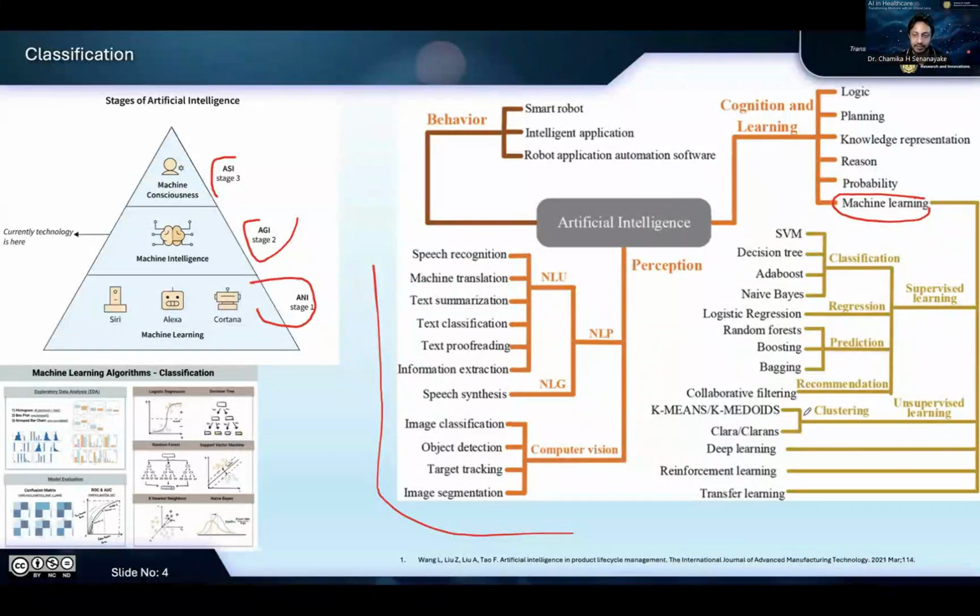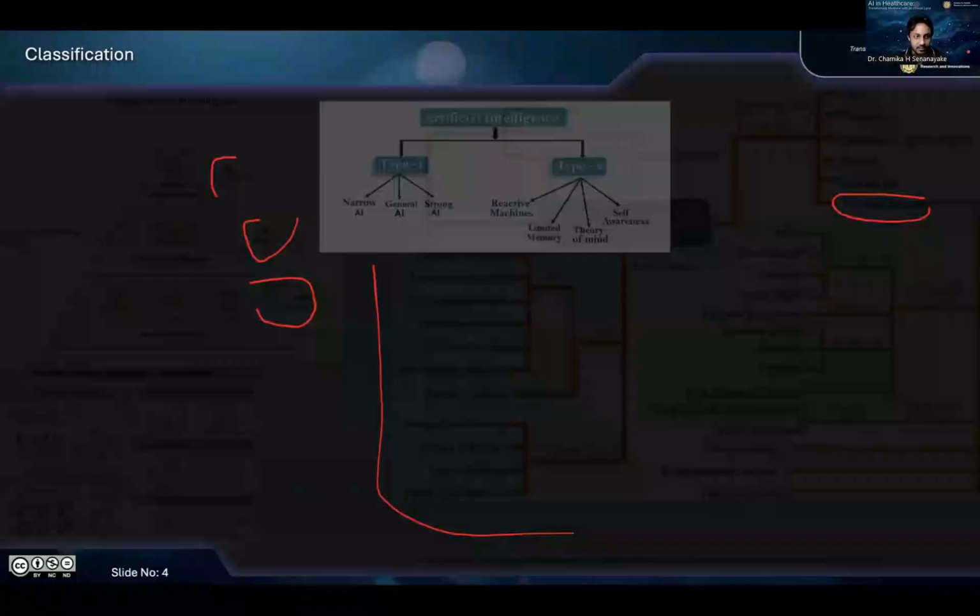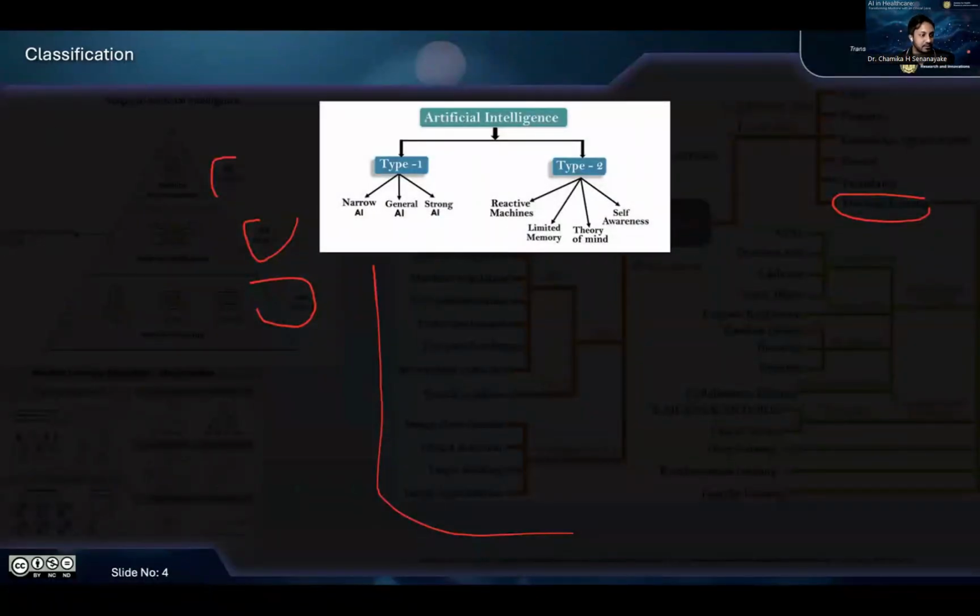It's a vast area which I'm trying to cover within this limited time. I'm not going to cover everything, but I hope I'll be able to do the ethical part as well.